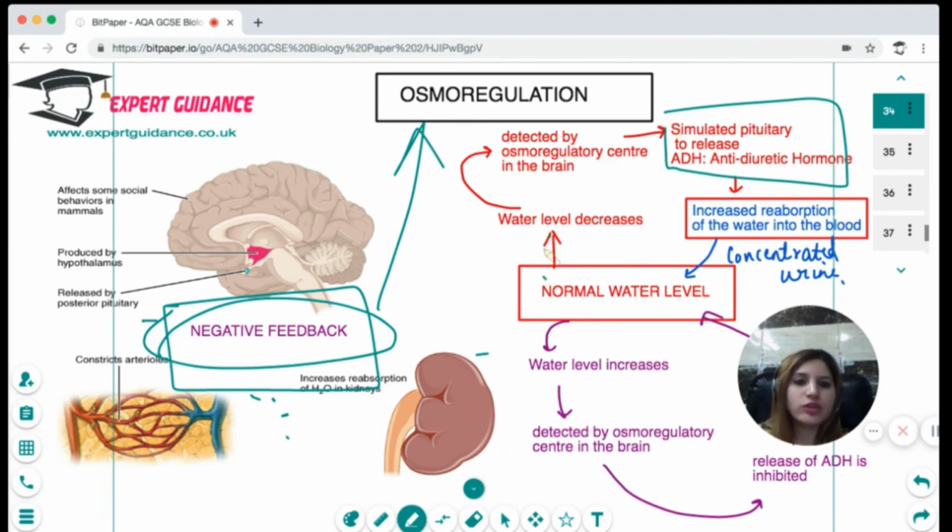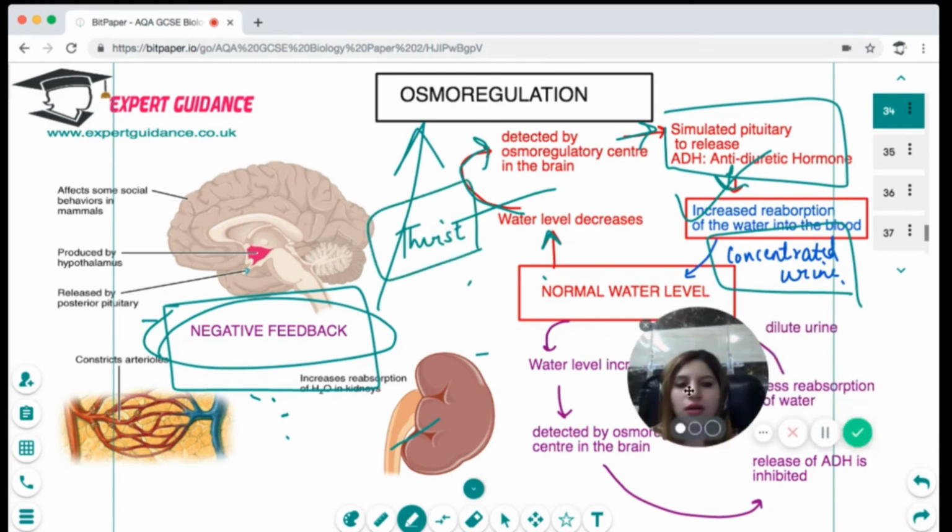So when the water level decreases in the body, it is detected by the osmoregulatory centers in the brain, which direct the pituitary to release antidiuretic hormone, which travels in the blood and enters the kidney tubules, and it increases the reabsorption of water into the blood by increasing the permeability of the kidney tubules. As a result, more concentrated urine is passed, and it also promotes thirst, so that you take in more water to restore the blood water level.